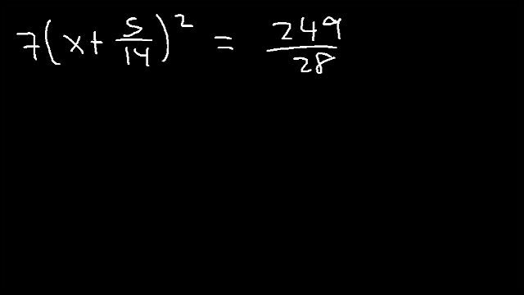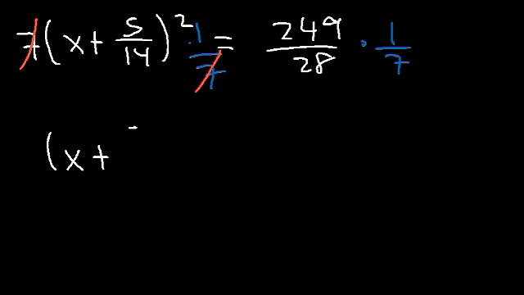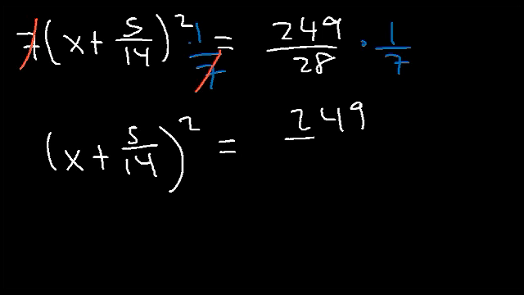So at this point, we can divide by 7 or simply multiply by 1 over 7. So here the 7's cancel. Now, it doesn't look like 7 goes into 249. So we'll have to multiply 7 times 28. 7 times 28, that's 196.